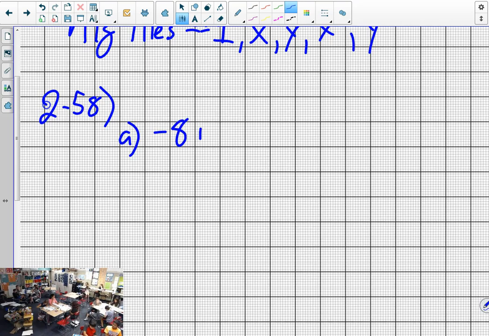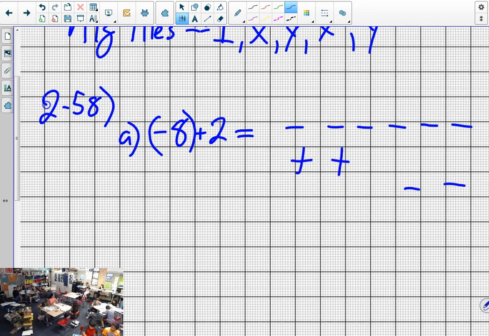So -8 plus 2. We always want to think about addition. I like to put all negative values in parentheses. You don't have to, but it just helps you keep it kind of specific in your brain. To write this, I would have 1, 2, 3, 4, 5, 6, 7, 8 negatives, and 2 positives.